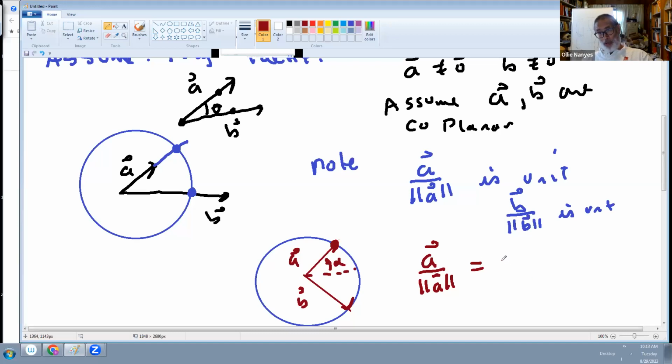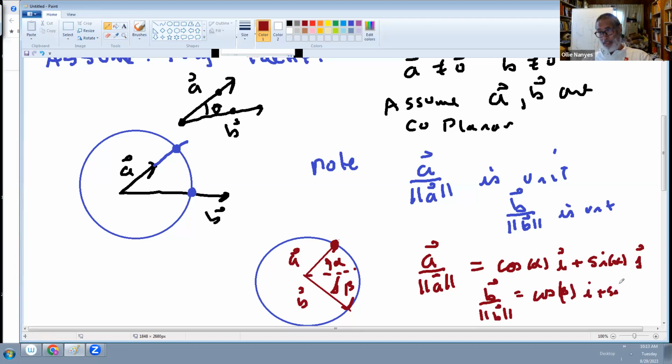So this could be cosine alpha times vector i plus sine alpha vector j, and then B over its magnitude, let's call this angle beta, will be cosine beta i plus sine beta j. You can do that because this is on the unit circle. That's the value of making it unit.